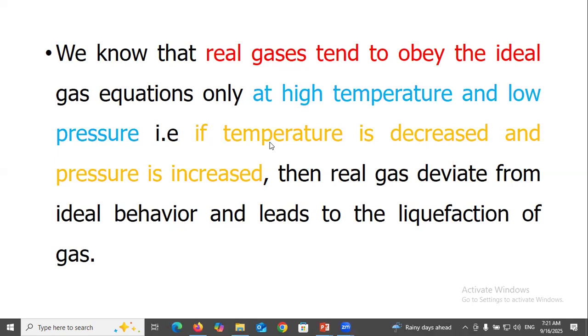That is, if temperature is decreased and pressure is increased. You remember, real gases tend to obey the ideal gas equation only at high temperature and low pressure. If we reverse, that is, if the temperature is decreased and pressure is increased, then real gas deviates from ideal behavior and leads to the liquefaction of gas.